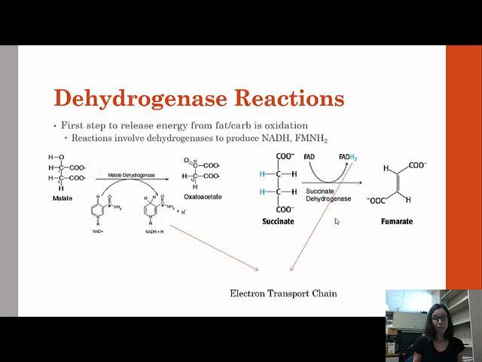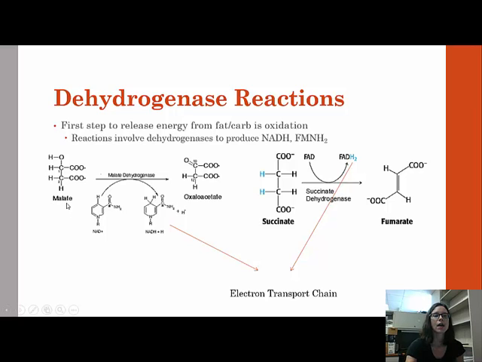Okay, so reminder, what is a dehydrogenase reaction? We talked about it last week. Dehydrogenases transfer hydrogen from a substrate to an electron-accepting coenzyme, such as NAD. So here are two reactions that we see in the TCA cycle. You can go back and see where they are. We see that first we start with malate.